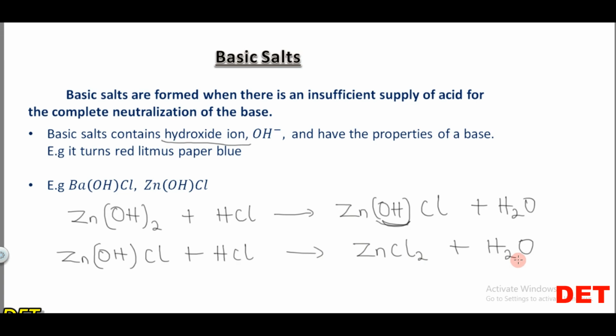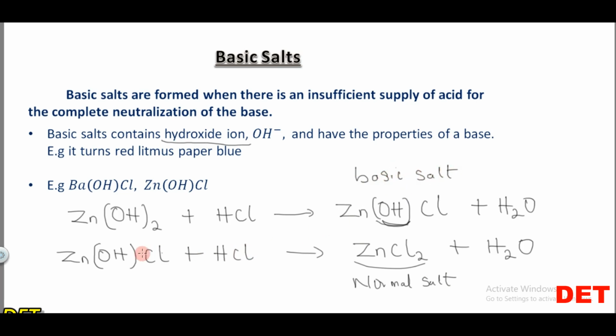Zinc chloride plus what? Plus water. So this salt that is formed is an example of what? A normal salt. And this salt here is an example of a basic salt.